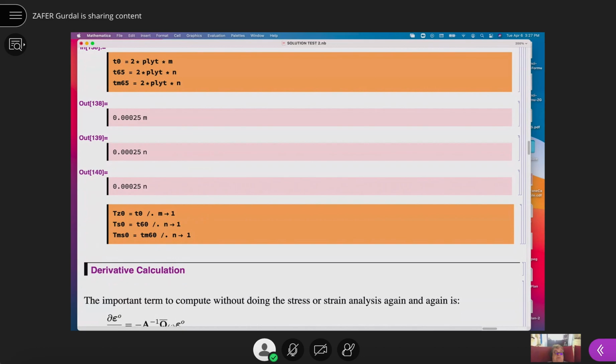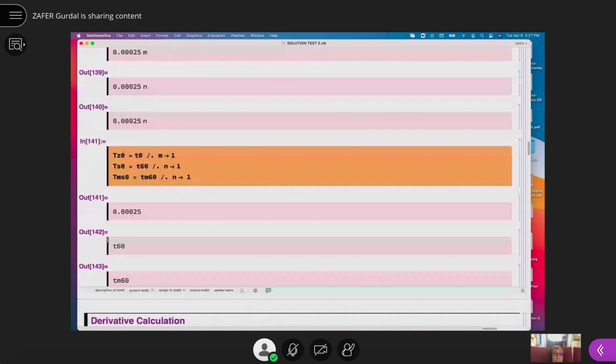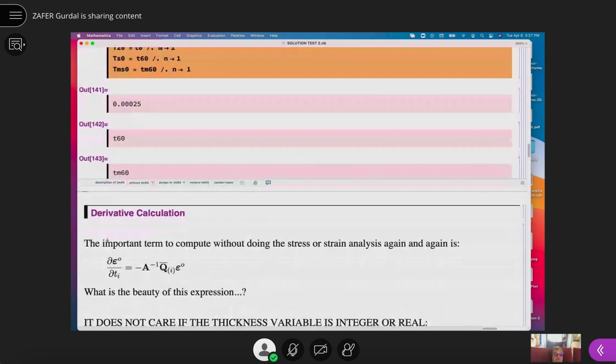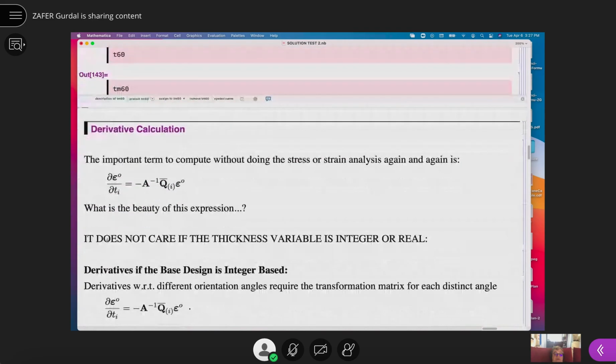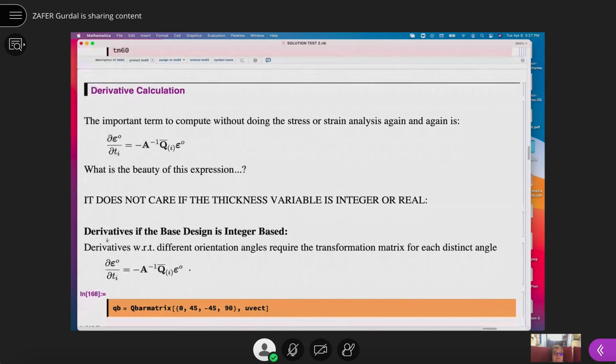All right, so T0, 60, and minus 60 baseline values are these. There shouldn't be any change in the derivative calculation except the fact that these are now zeros and 60s.